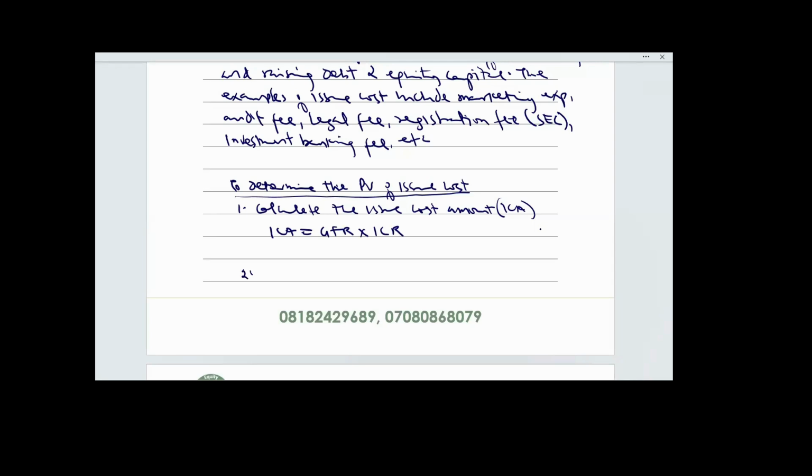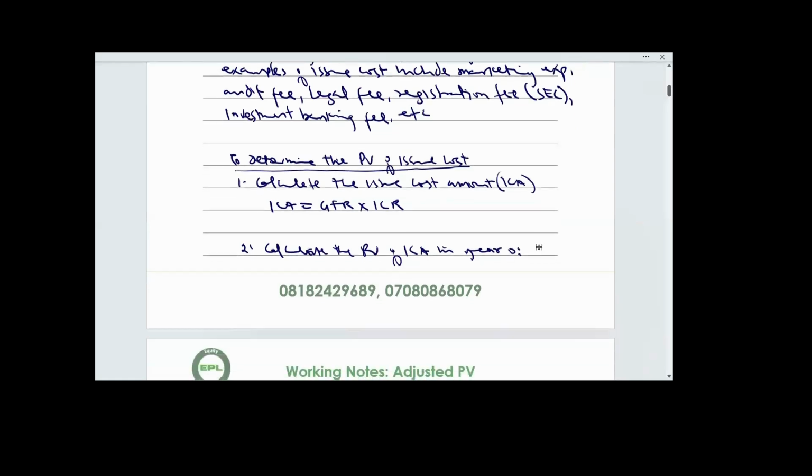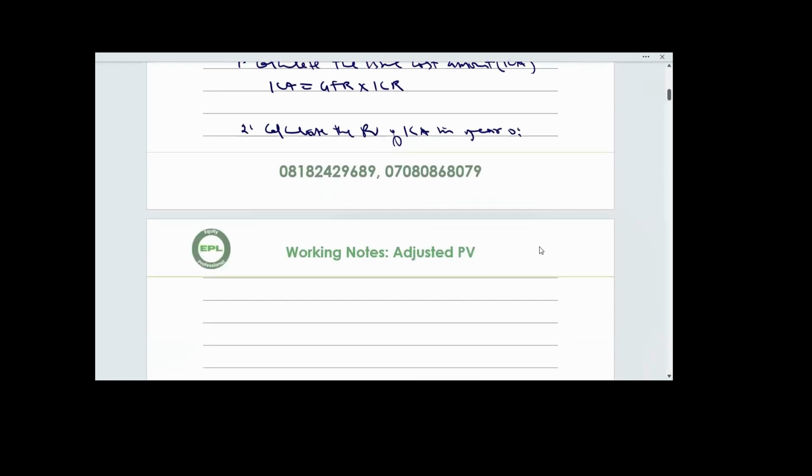Then step 2, you calculate the PV of issue cost amounts in year 0. This will be in 2 folds, depending on the information available.